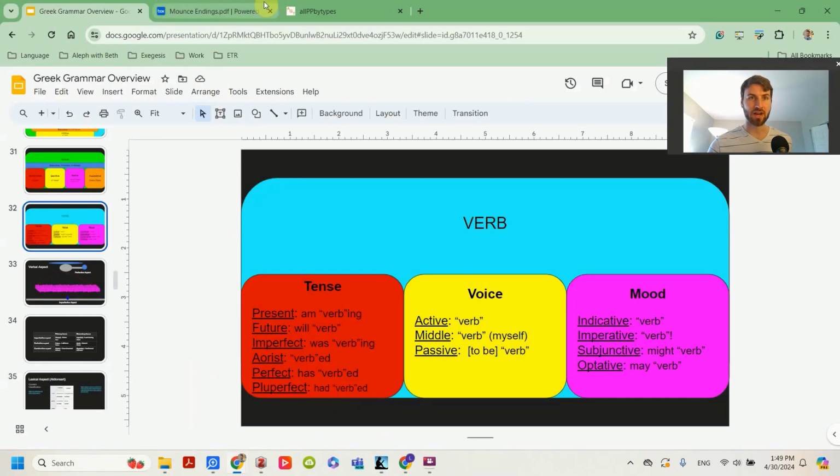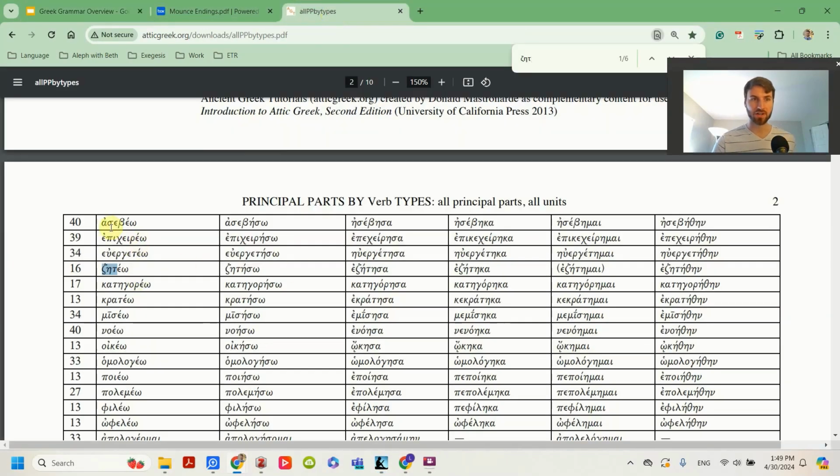So going to our principal parts, we know the present and imperfect take the first one, the future takes the second, the aorist takes the third, the perfect active takes the fourth, the perfect middle passive takes the fifth, and now we are completing our principal part chart. This is the last principal part that you need to learn.